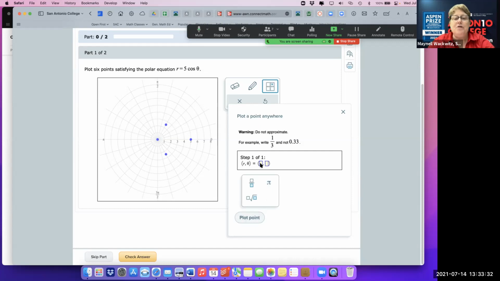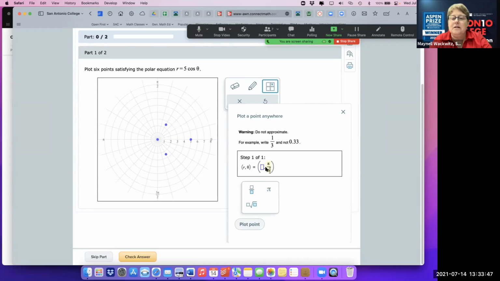Let's see. Let's keep going. Do you see that we're actually plotting on top of the points we have? But that's okay. Yeah, so I'm not sure it's going to be kind to me. So let's do pi over 6, that'll be 5 times the square root of 3 over 2.